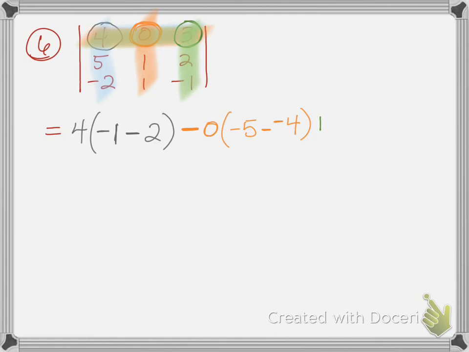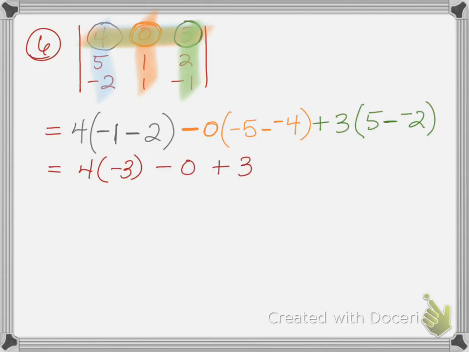So plus 3, then I open parentheses, 5 times 1 is a 5, to put my minus of my formula, negative 2 times 1 is negative 2, and now it's nothing else to worry about but basic math. 4 times negative 3, I'm just going to put minus 0, plus 3 times 7, negative 12, plus 21, and it's 9.